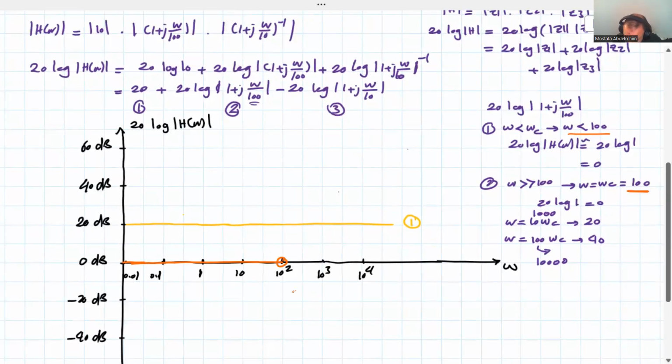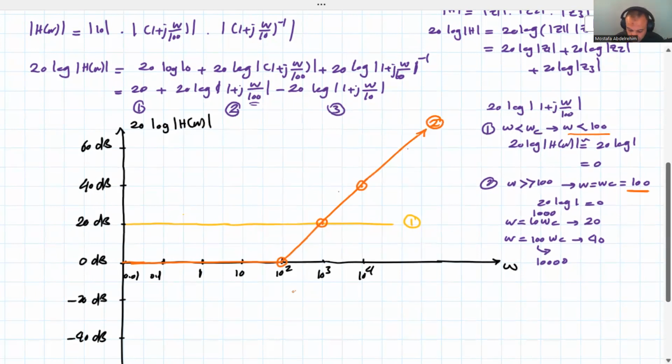Omega equal to 1000, we have 20. Omega equal to 10,000, we have 40. Omega equal to 100,000, we have 60, and so on. Okay, good. That's number 2.